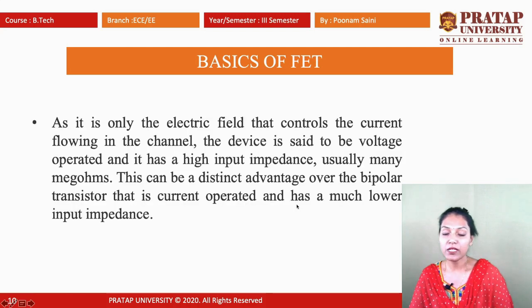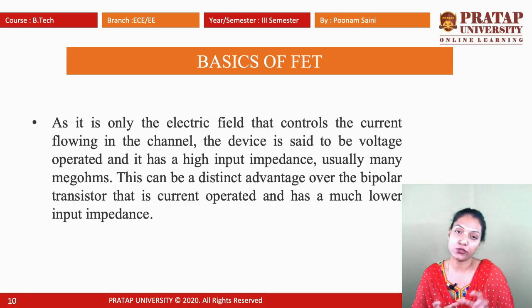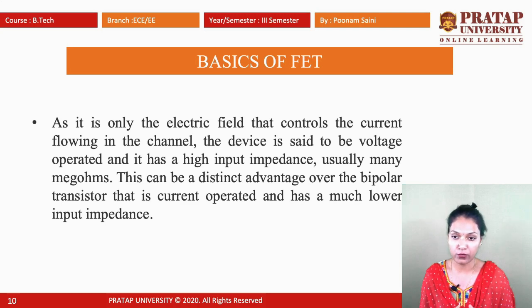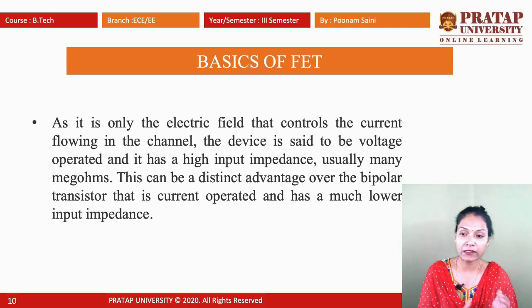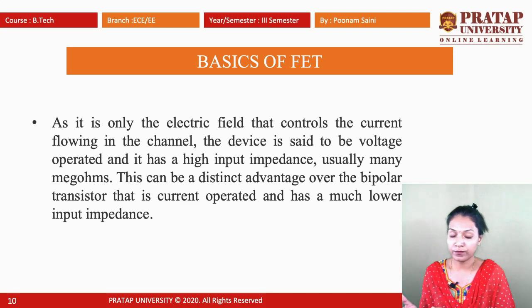As it is the electric field that controls the current flowing in the channel, the device is said to be voltage operated and it has a high input impedance, usually megohms. This can be a distinct advantage over the bipolar transistor, which is current operated and has a much lower input impedance. So this is the main difference between a bipolar transistor and the FET.